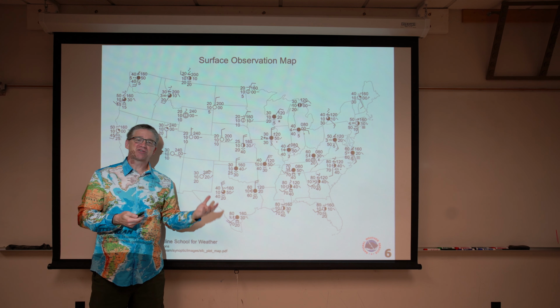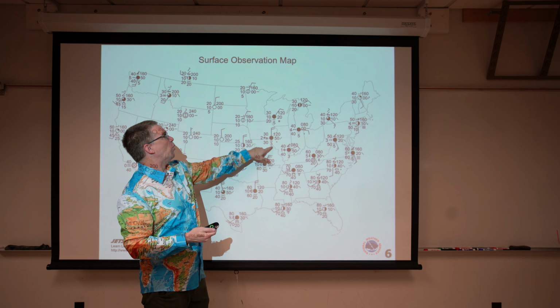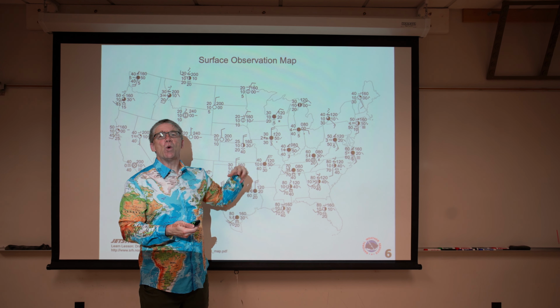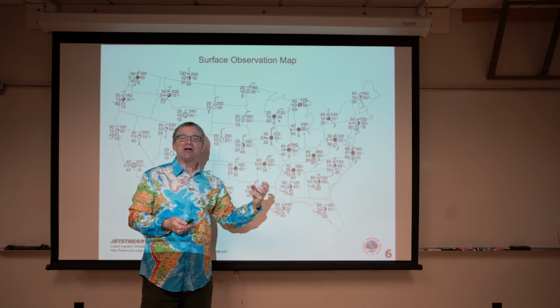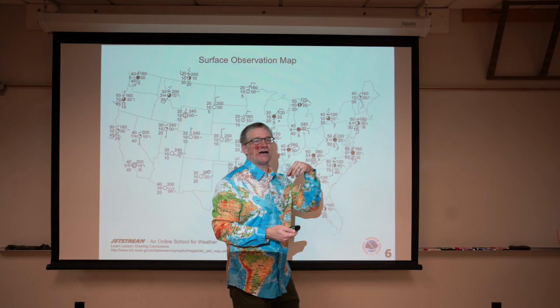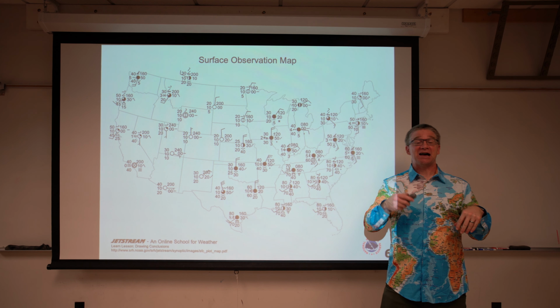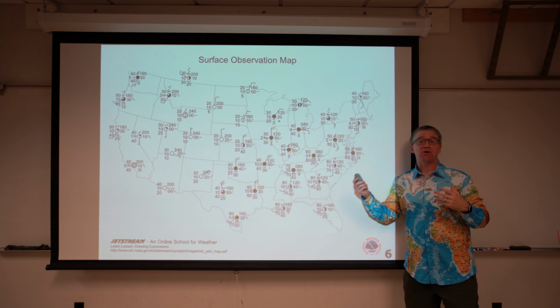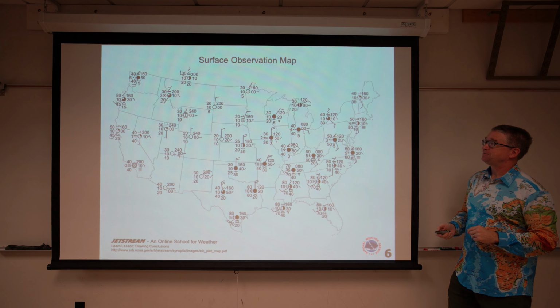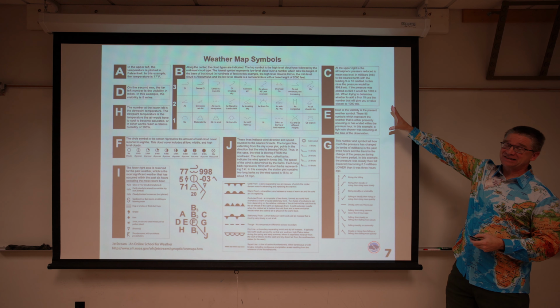So the trick with this, when you look at these symbols, is knowing what all these numbers mean. You know, where do I find temperature? Where is pressure? Where is cloud cover? Where is cloud type? Things like that. That's what we're going to get into in this lab, and in the next lab, is figuring out what all these things mean. Now, to get you going on this, you have this in your handouts.